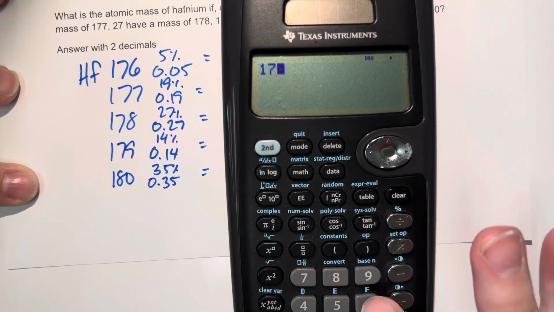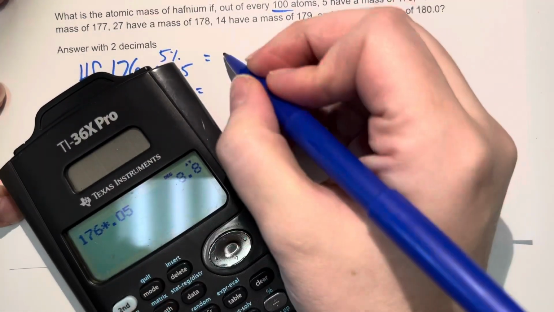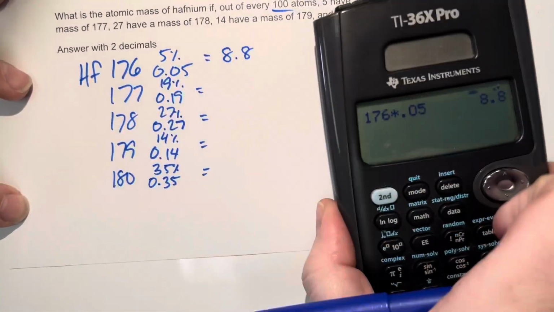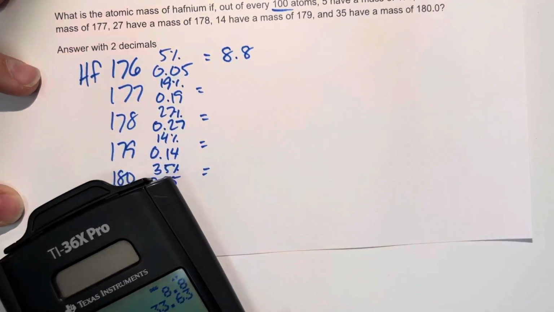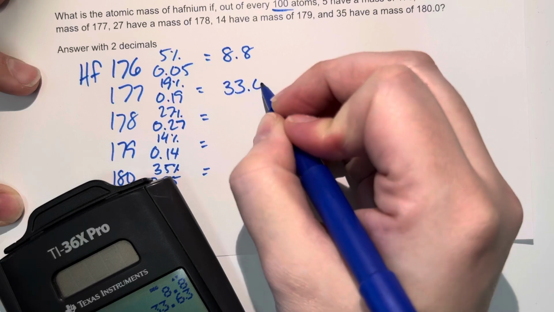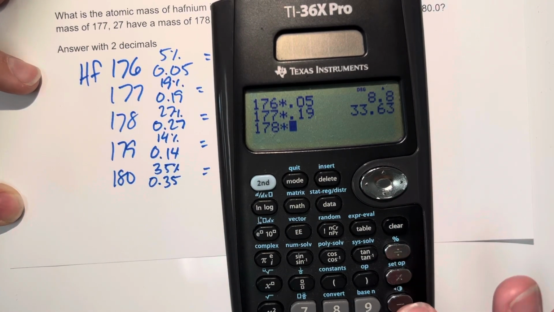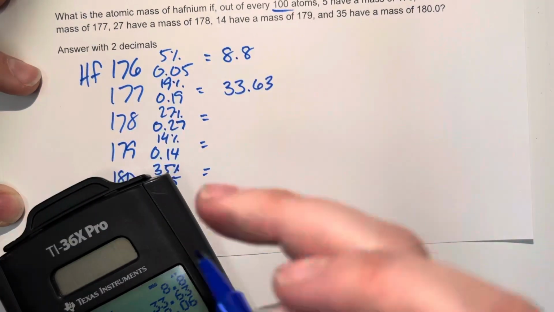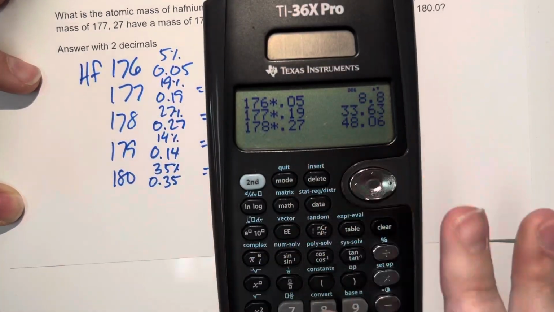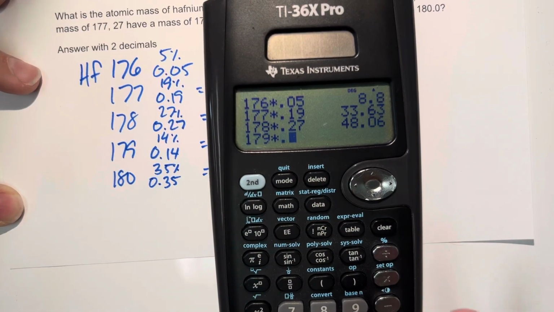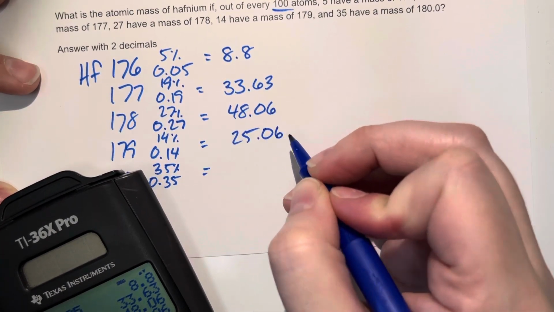Okay, 176 times 0.05 gives me 8.8. 177 times 0.19 gives me 33.63. 178 times 0.27 gives me 48.06. 179 times 0.14 gives me 25.06.